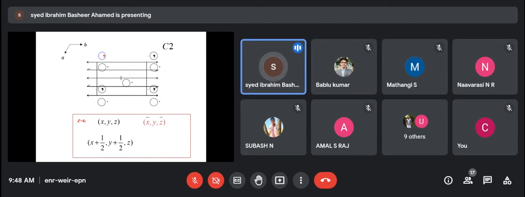So x plus half, y plus half, and z is the same. You are not translating along z, so it will be z only. Now again you are going to apply the 2-fold rotation. This will take the molecule over here. So what will be the coordinate? What is the equivalent position for this?